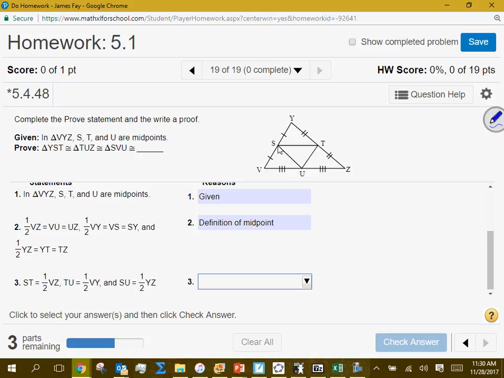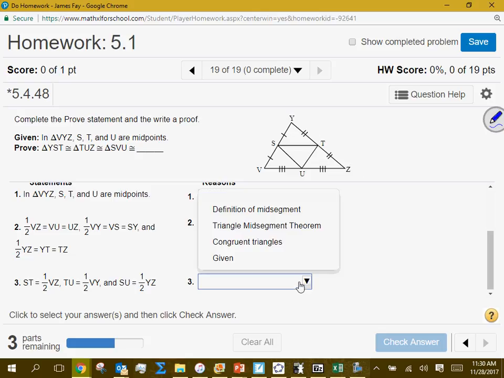And then they're saying SU, midsegment, is half of YZ. Okay? And that's the idea of what we've talked about with midsegments. It's not the definition of a midsegment. The definition of a midsegment says that it's the segment that connects two midpoints of a triangle. It's the triangle midsegment theorem, which states that the midsegment is parallel and half of the third side.